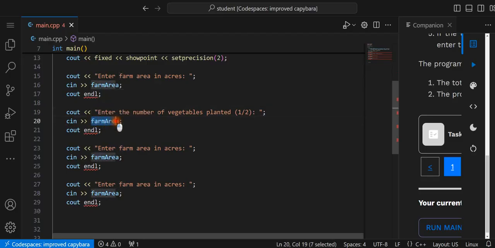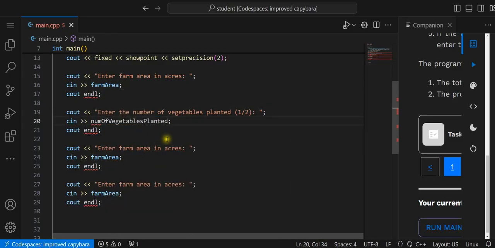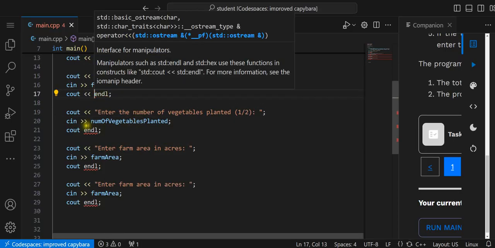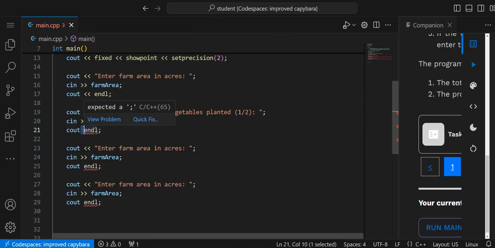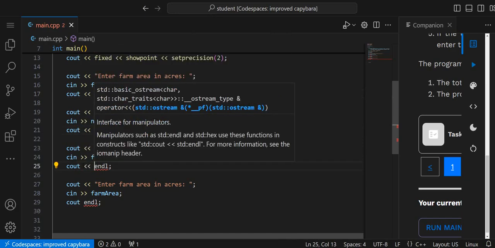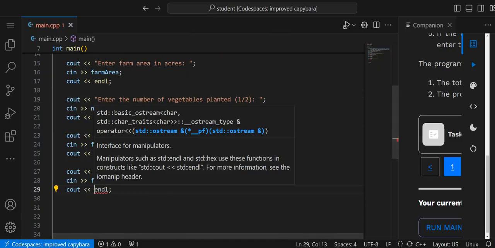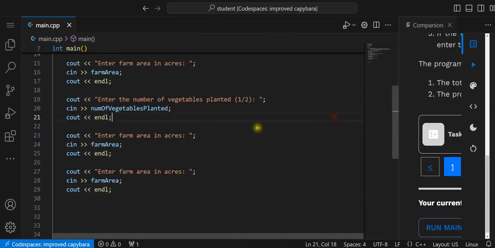And it's going to be num of vegetables planted. Oh boy. All right, we will fix that. All right, planted, we got that done.